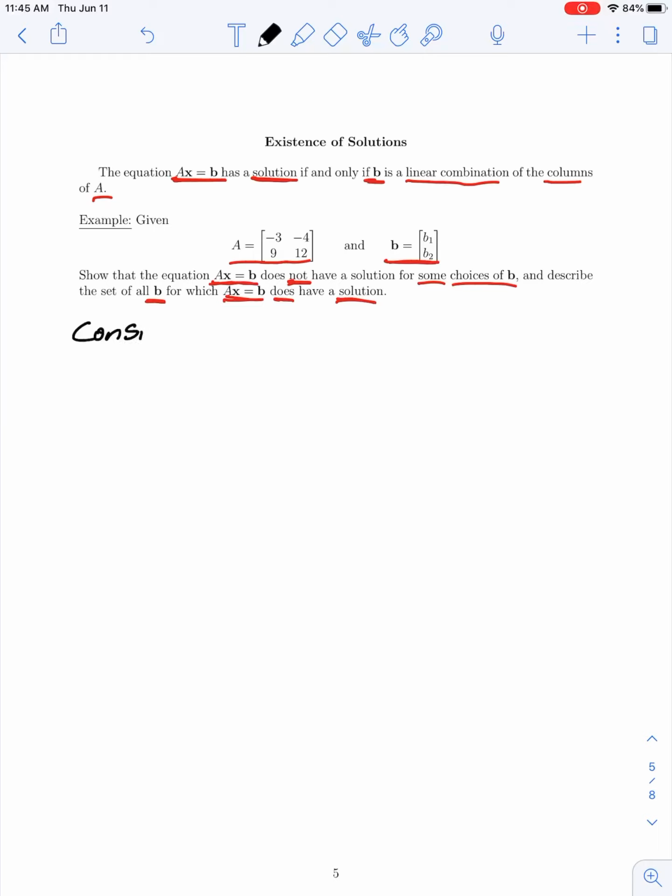So as with our last example, let us consider the augmented matrix AB, or as I would write it, A with the vertical bar separating the vector B. So we're looking at the following matrix. The matrix A was -3, -4, 9, 12, and we are augmenting with our vector B, whose elements were B1 and B2.